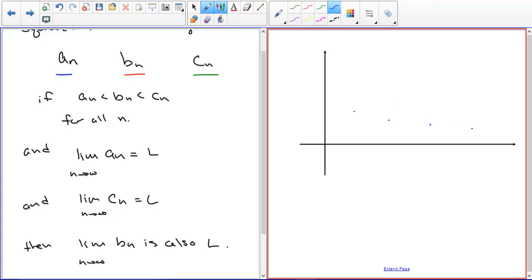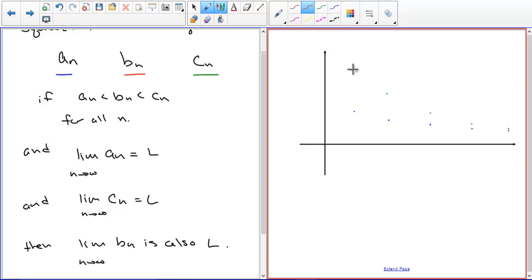And C sub n is the green one. If C sub n looks something like this, and ultimately, if I went out far enough, they'd be almost exactly the same value, so they approach each other as n gets very large. I'm only showing a couple terms here.